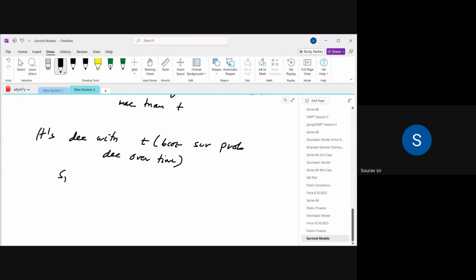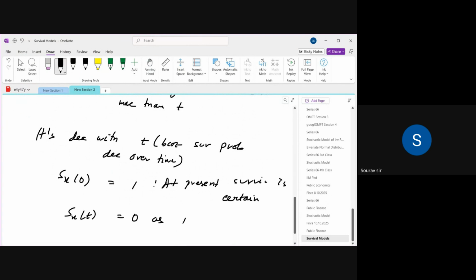S_x(0) is equal to 1. That means at present, survival is certain. And S_x(t) is 0 as t tends to infinity, because no one lives forever.